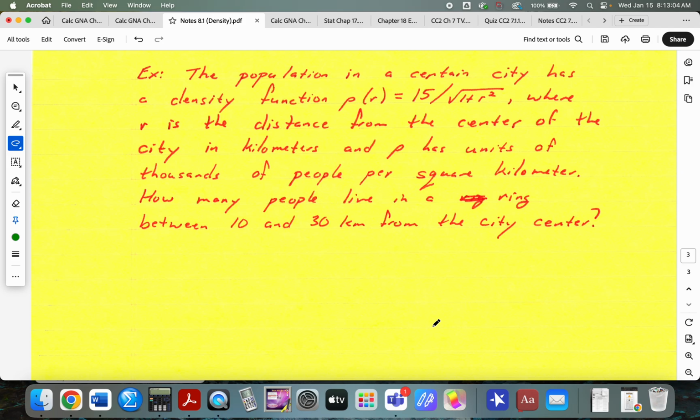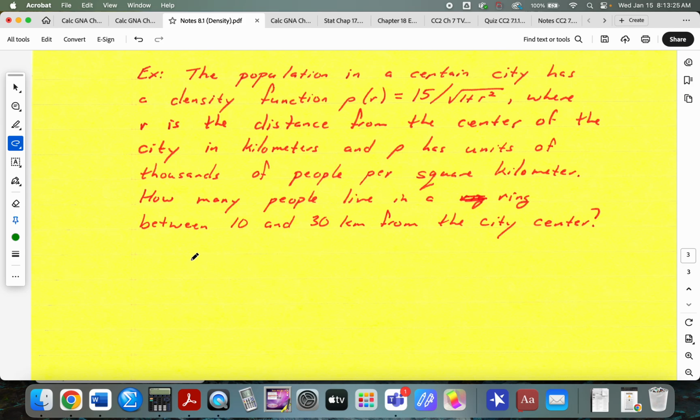So what's happening here is as you move in concentric circles away from the center, the population density becomes less. The greatest density is at the center of the city, and as you move further out towards the borders, the population density gets to be less.